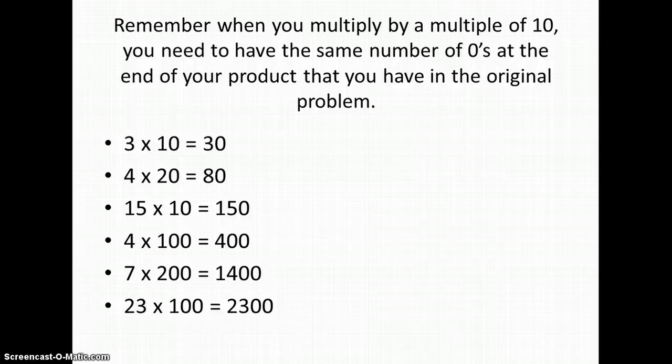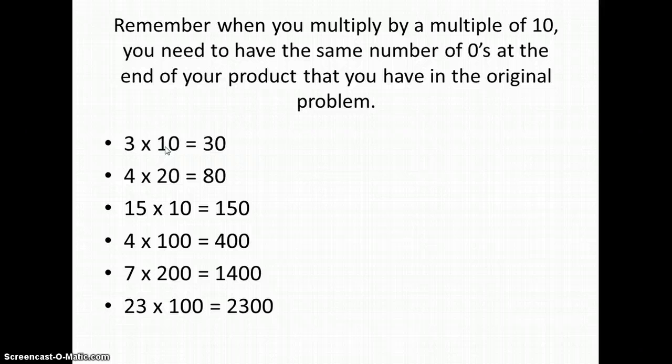Remember, when you multiply by a multiple of 10, you need to have the same number of zeros at the end of your product that you have in the original problem. So what you're really doing is multiplying the first number, 3, times the first digit or the non-zero digits in your multiple of 10.